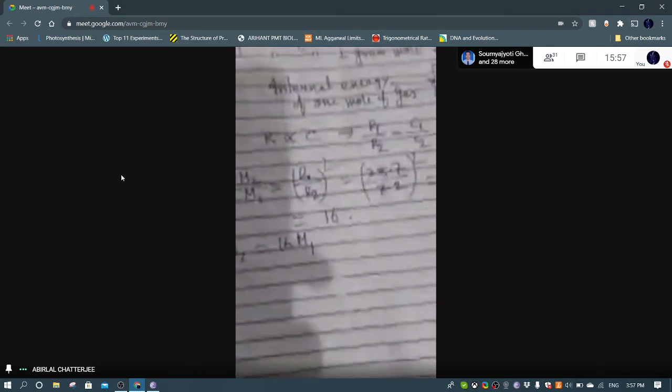So that means 4 square. That means 16, isn't it? All right. So M2 equals to 16 of M1. Okay, that means if one is hydrogen, then the other one is what? Oxygen. Is it okay?